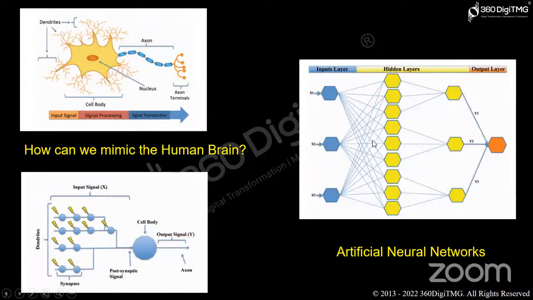So the human body is controlled by our brain. All right. And our brain is nothing but a network of neurons. These neurons are the decision-making hub of our body. All right. All the decisions that we make are made within these neurons. Whenever we are trying to think something, for example, right now, I'm speaking.